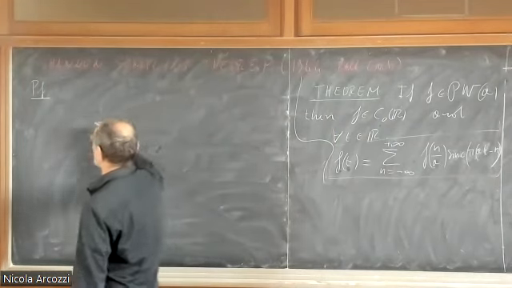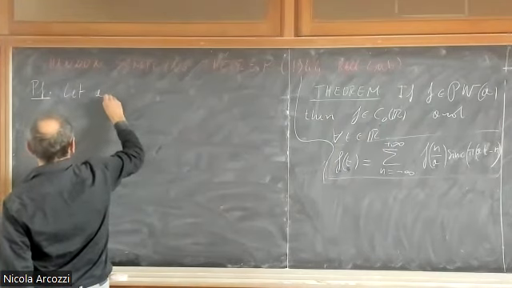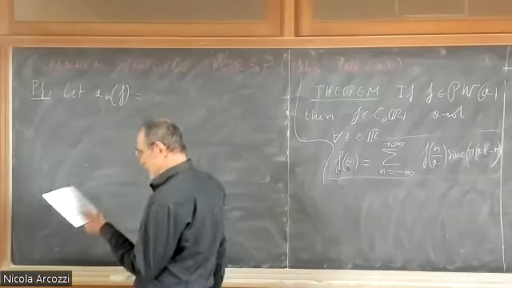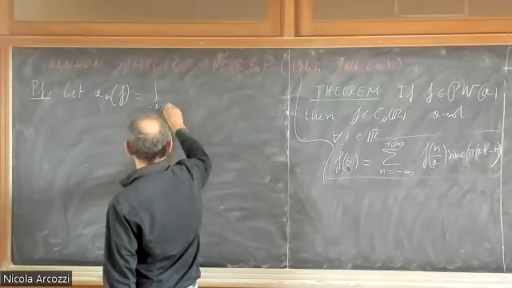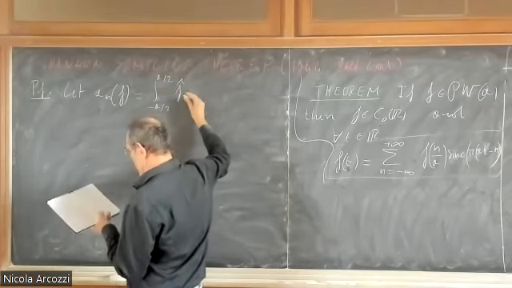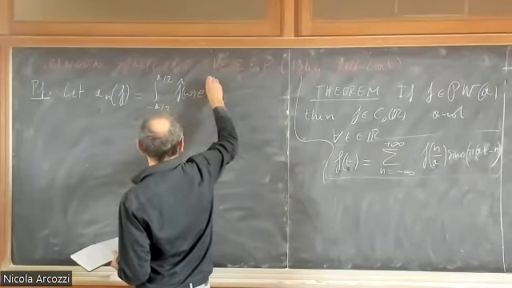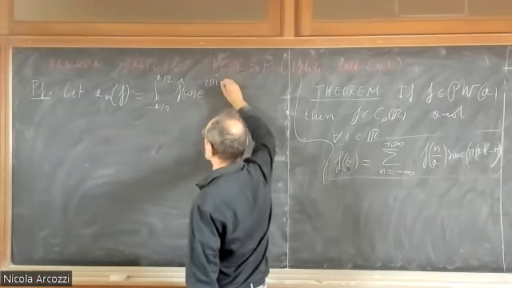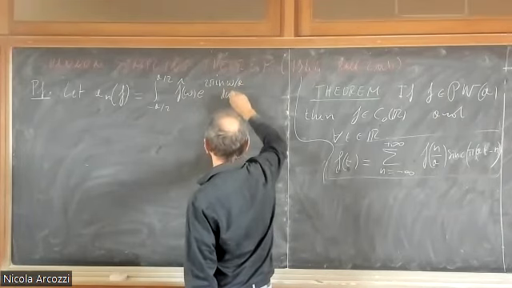So consider these coefficients a_n, which are the integral between minus a over 2 and a over 2 of f hat of omega times e to the 2 pi i n omega over a d omega.